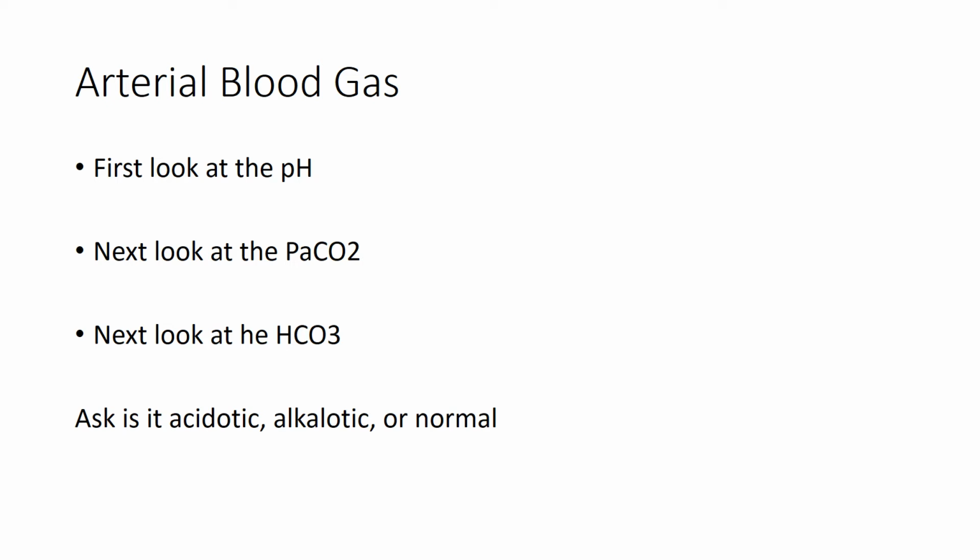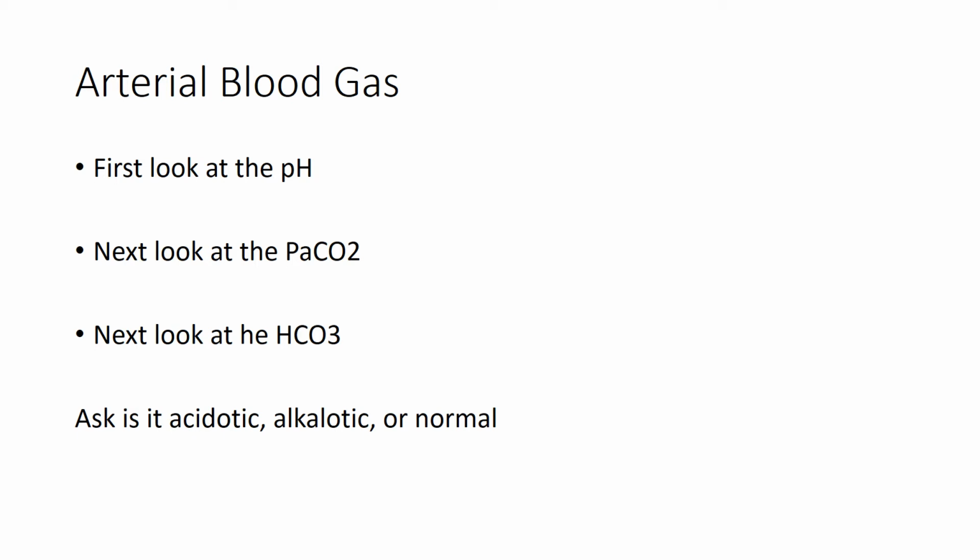Next, we're going to look at the PaCO2. You have already figured out you are acidotic or alkalotic. If it is a respiratory acidosis or alkalosis, your arrow will go opposite the pH.